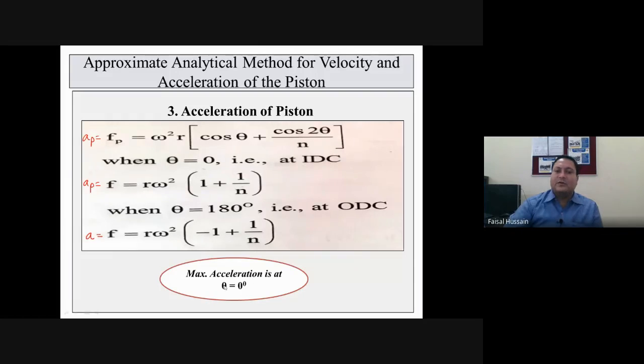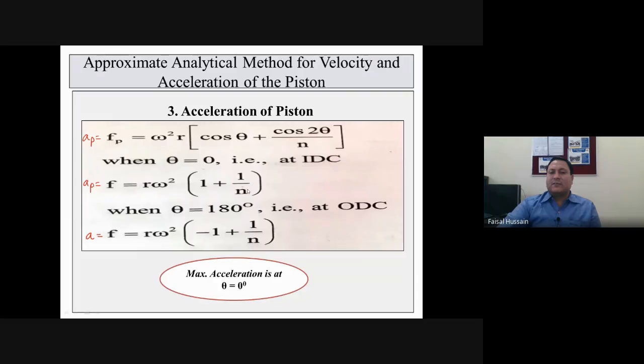Sometimes in a question, if the angle of the crank is 45 degrees, you have to use this equation. But if the question says determine the maximum acceleration, you should know that maximum acceleration will be developed when theta equals 0, so you can directly use this equation and find it out.